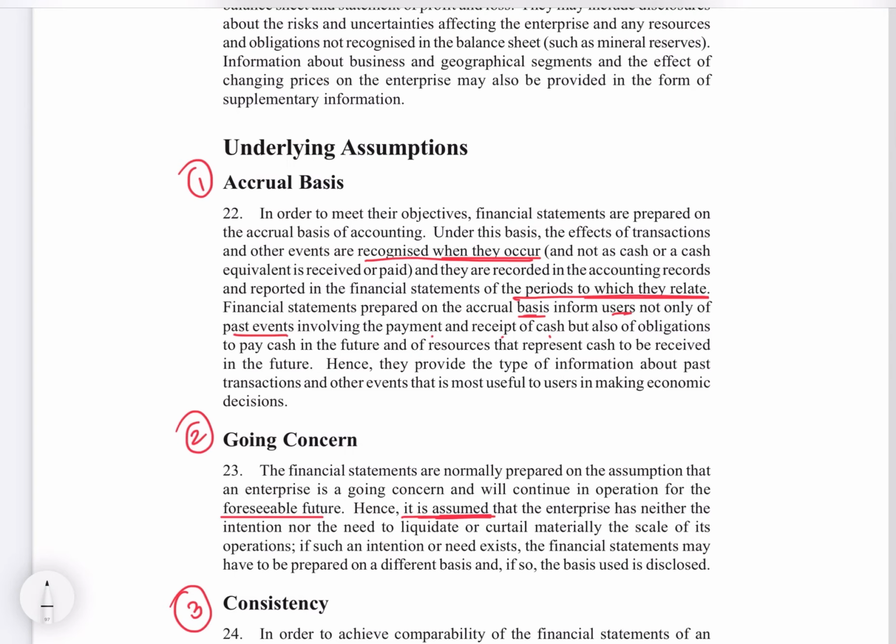So if the company's books of accounts, or the notes or accounting policies they have explained in their report, are silent about accrual basis of accounting, it means they are applying it. If this is not fulfilled, then they have to give a clear explanation, a disclosure of non-fulfillment of these basic assumptions. Okay. These are the main basic assumptions.